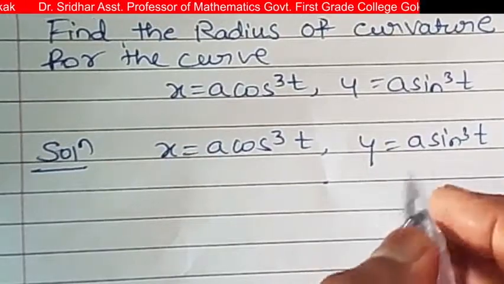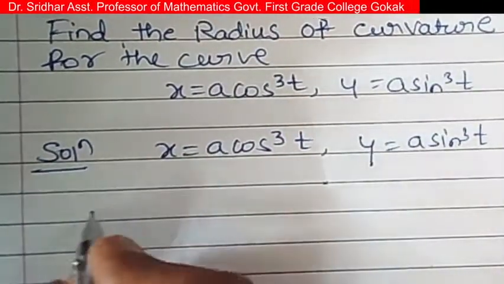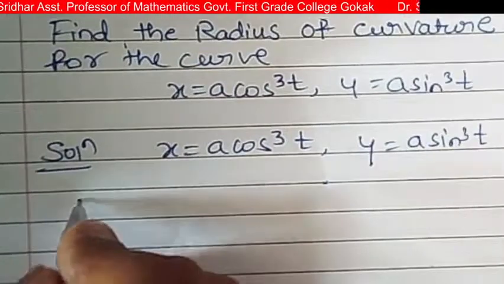Okay, so now what is the radius of curvature in parametric form?